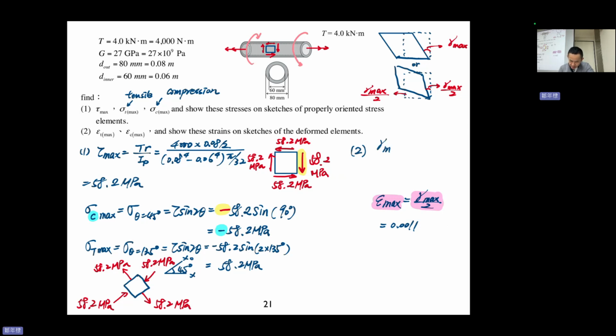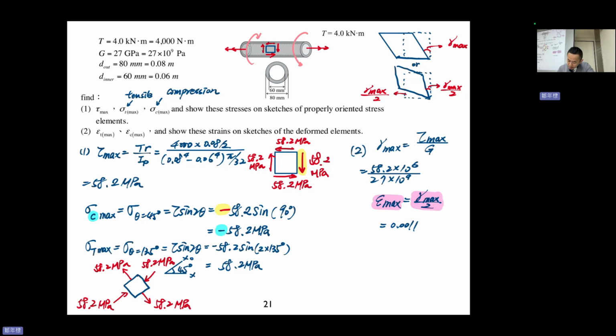Gamma max equal to tau max divided by G. Okay, so it should be 58.2 times 10 to the 6 divided by 27 times 10 to the 9, provided in your problem, right?